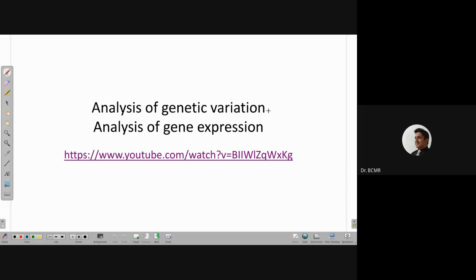In that sense, we will learn about genetic variation, and later we will learn about how to analyze gene expression. Many of the things, if you're in biotechnology, you might have already learned, but I would certainly want you to have a higher level of understanding. In the sense, you have to come till the interpretation level.